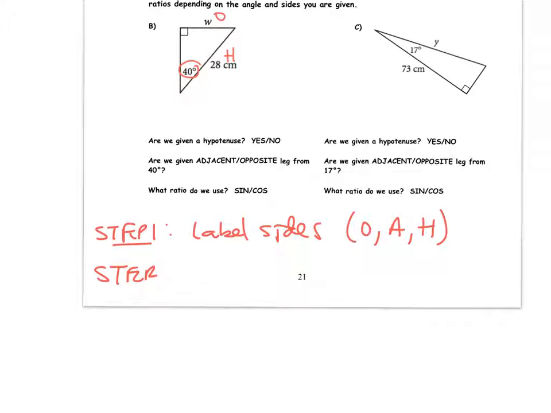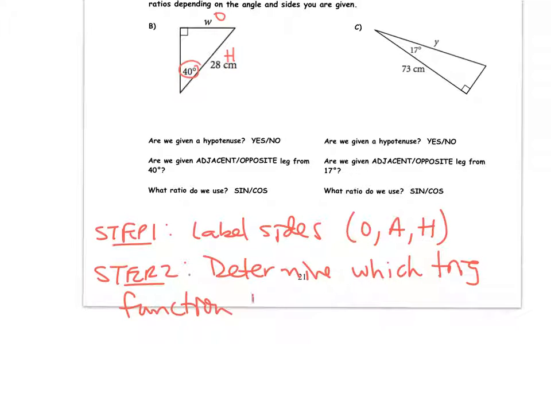Step 2, okay, is determine which trig function to use. Okay, and how do we do that? Well, remember that we're choosing between sine, cosine, and tangent. We look at O and H. Which trig function uses O and H?